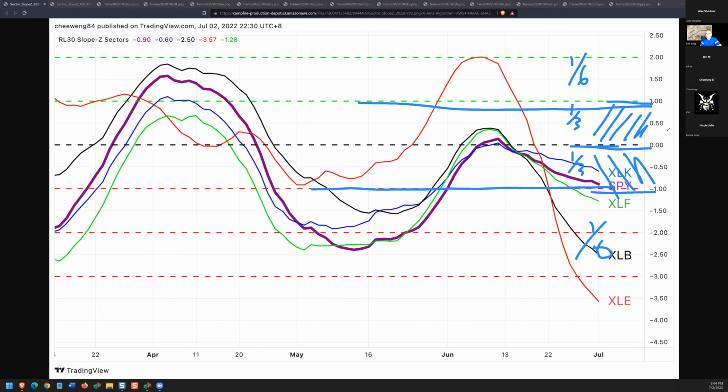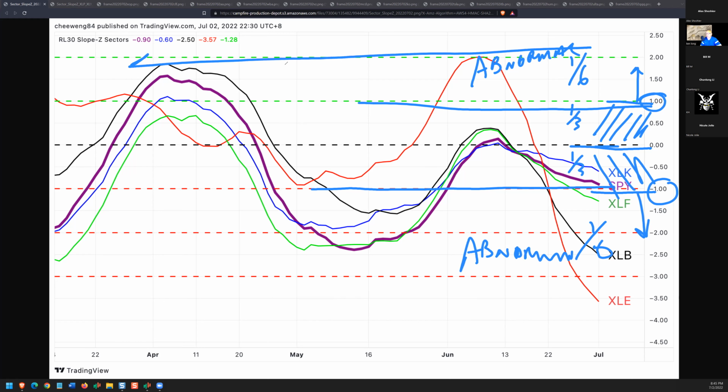So anything more than plus or minus 1 becomes an abnormal condition. Abnormal compared to itself over the last 180 days. See, how unusual is it compared to its own history? So that's the basic idea, to find where the strong and weak sectors are.